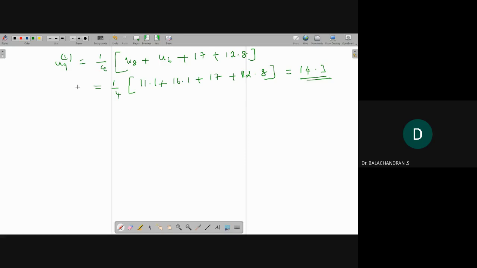Suppose you forget the marks and the examination. When can you stop the iteration? If the values repeat in the second and third iteration, you get the same answer, you can stop in the third iteration.